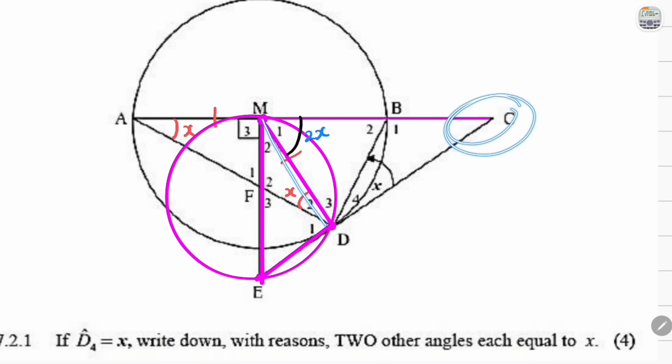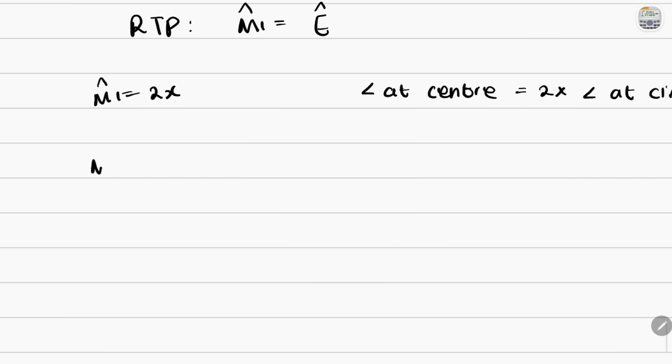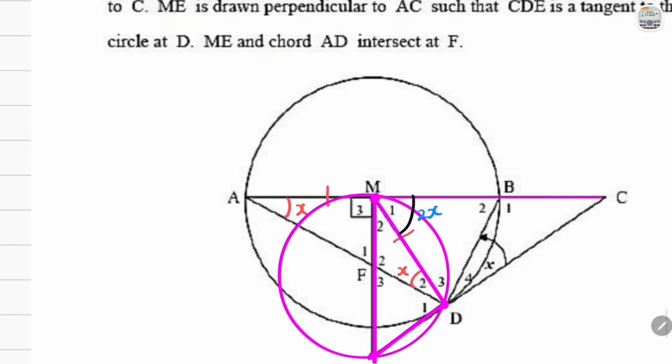We can tell that MD is perpendicular to EC. So this angle, call it MDC, is equal to 90 degrees. Angle MDC equals 90 degrees, and that's because the radius is perpendicular to the tangent at the point of contact.